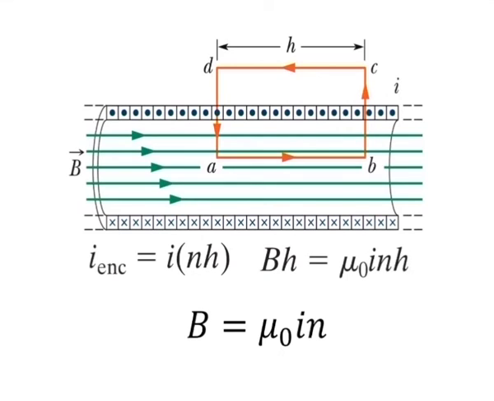A solenoid thus provides a practical way to set up a known uniform magnetic field for experimentation, just as a parallel plate capacitor provides a practical way to set up a known uniform electric field.